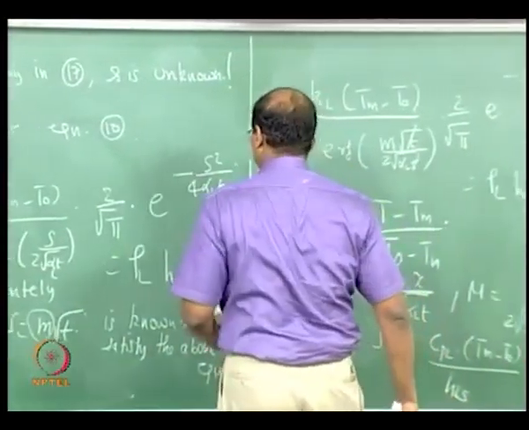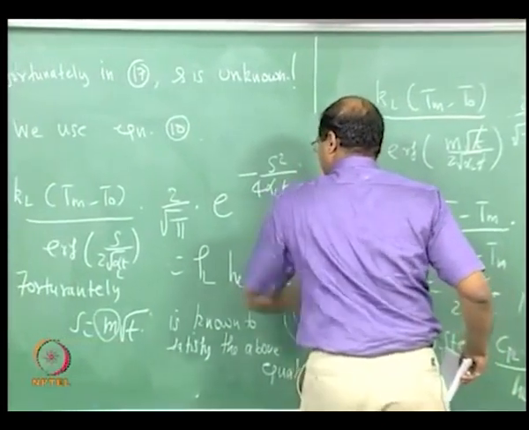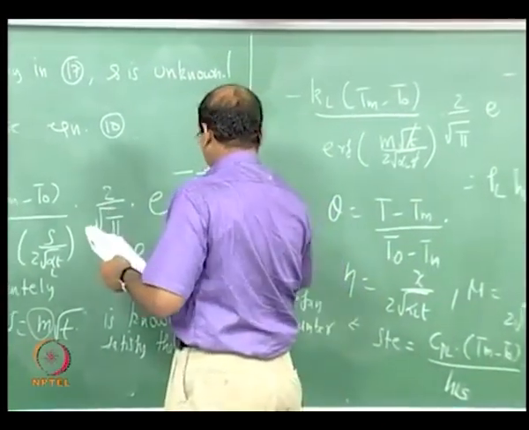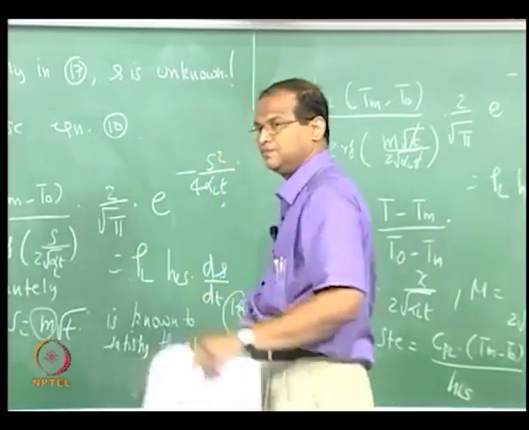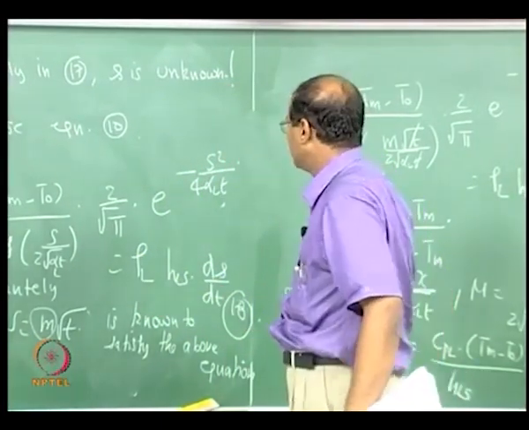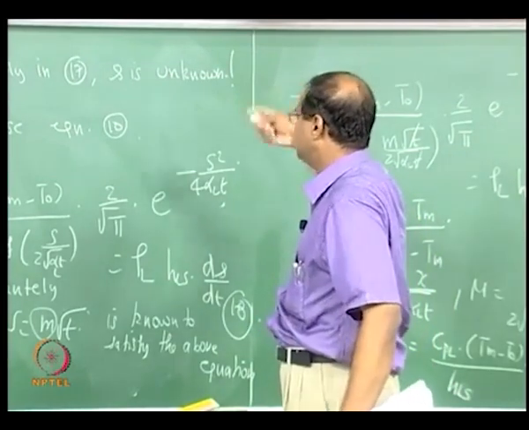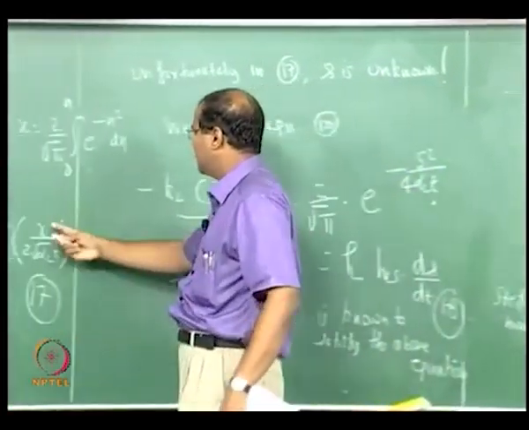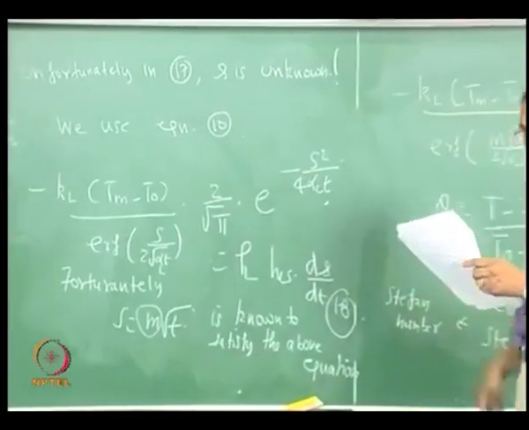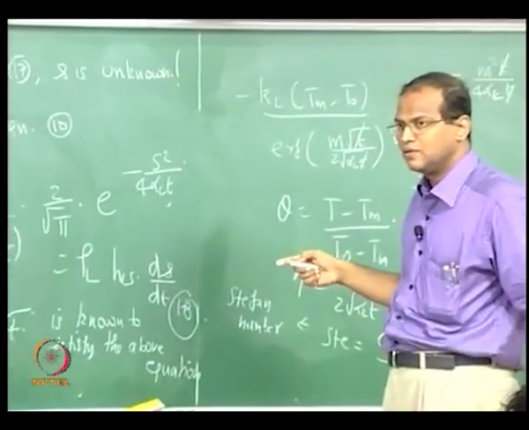So you will have Km e to the power of minus s square by 4 alpha t into the differential of x by 2 root alpha t. If you differentiate, what do you get? 1 by 2 root alpha t.